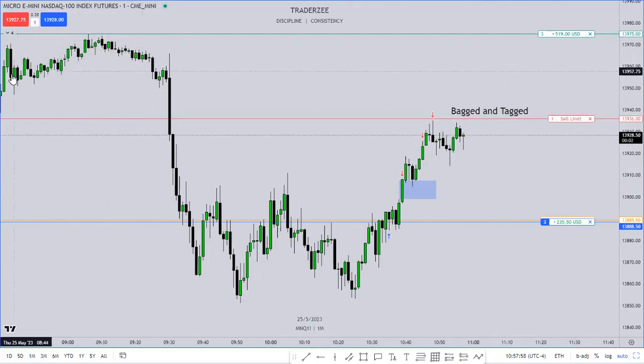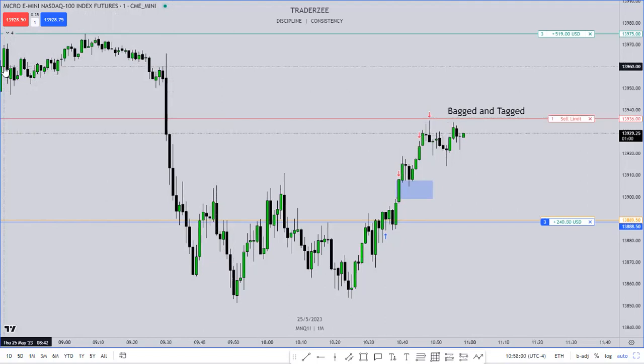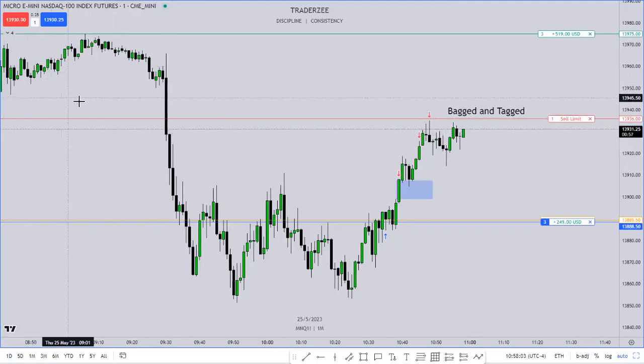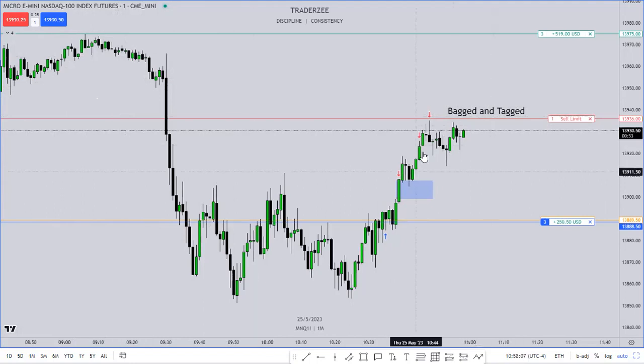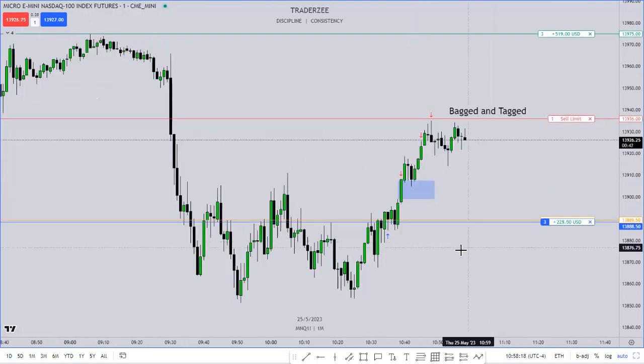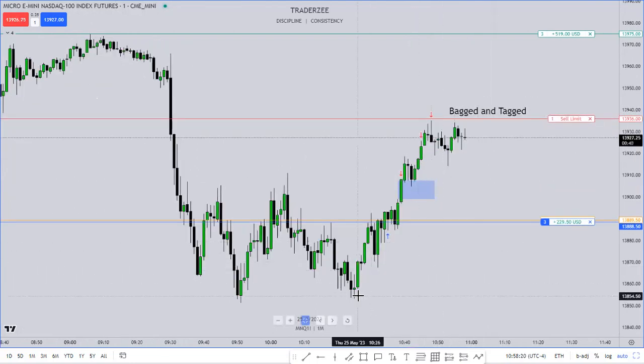This is after 8. Are you considering those fair value gaps to hold a price above it? Yes. Actually, not these fair value gaps because these are consecutive candles, but I'm also looking at the higher time frames here. And if you ask me, this is an example of a low resistance liquidity run.